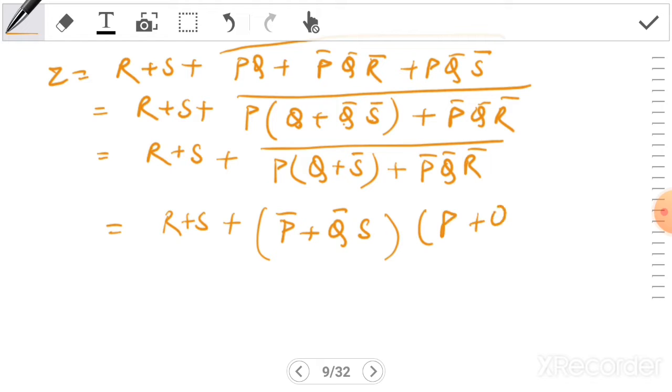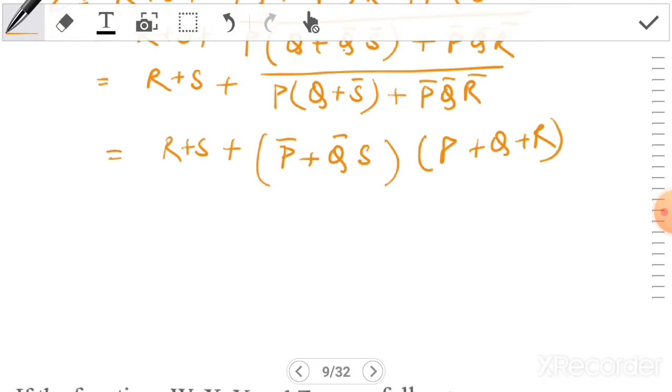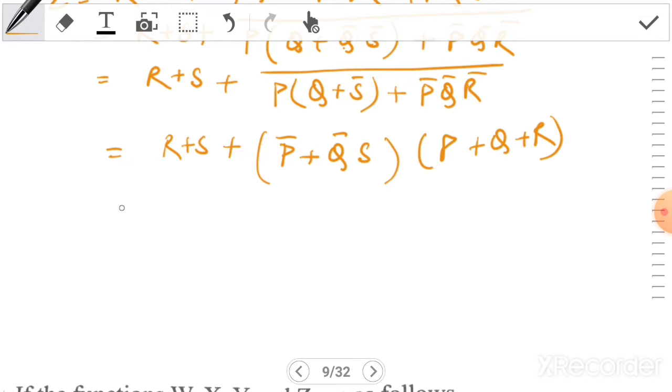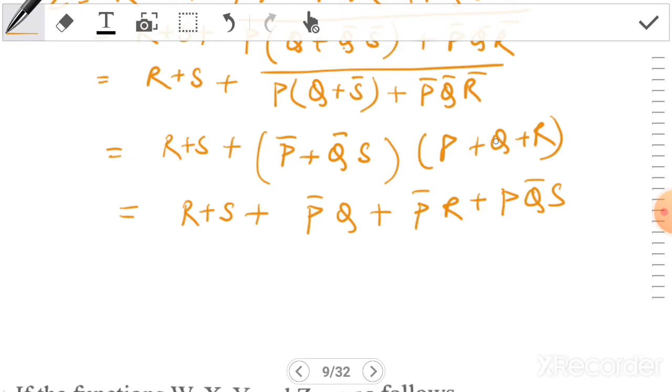So P plus Q plus R. Again R plus S plus P complement 0, P complement Q, P complement R, Q complement SP, P Q complement S, this is 0, Q complement Q, R Q complement S.